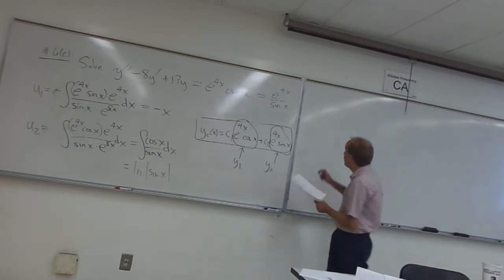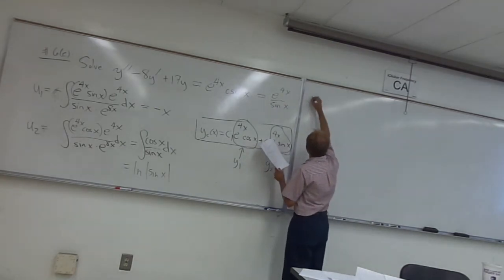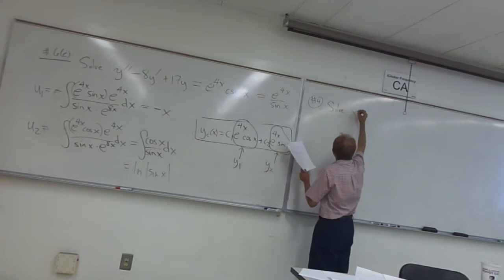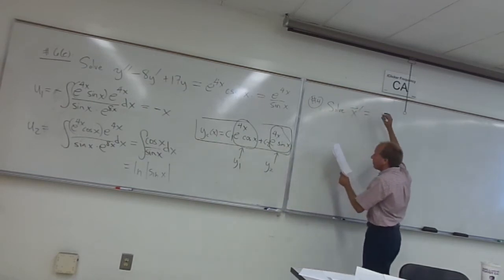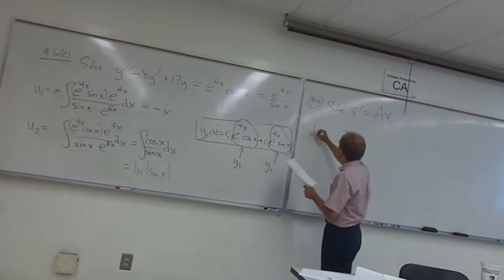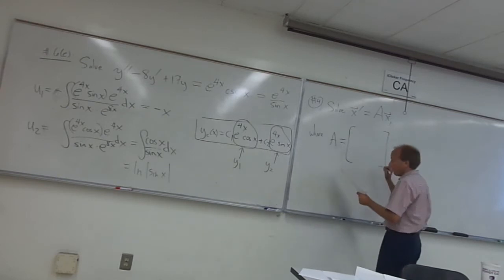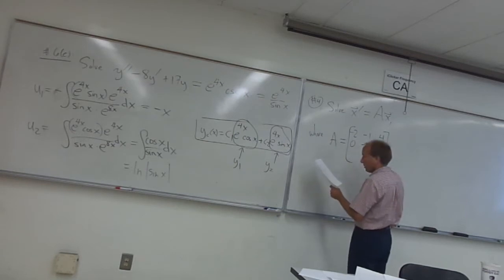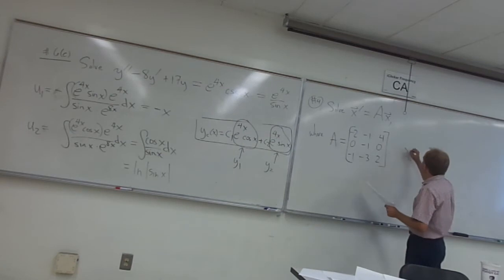Okay, so number 4 just says solve x prime equals Ax, where A is the matrix -2, 4, 0, -1, 0, -1, -3, 2. And there's an initial condition given as well.